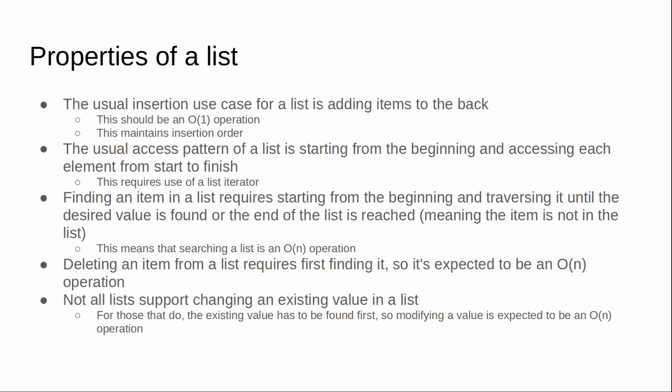And adding items at the back is always going to be a constant time operation, order one. This maintains insertion order, so that means that when we go to access the items in our list, we're accessing them from the first item we added to the last item that we added.